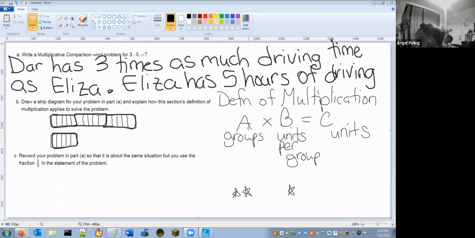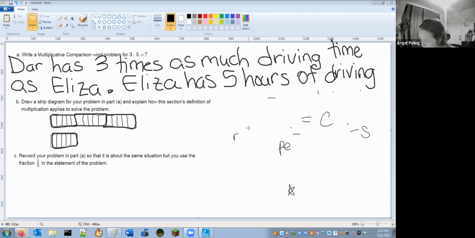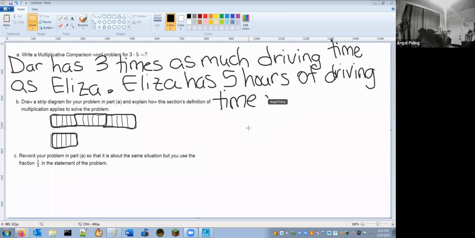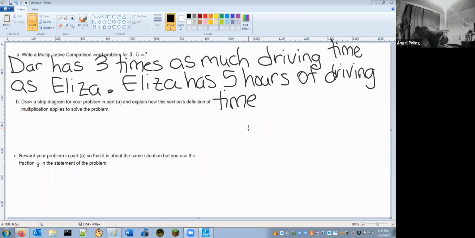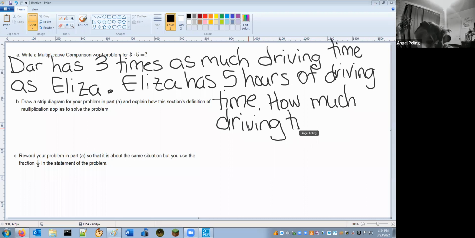Let's see. Already have run out of space. How much driving time, because you have to remember to actually ask the question, does Dar have?